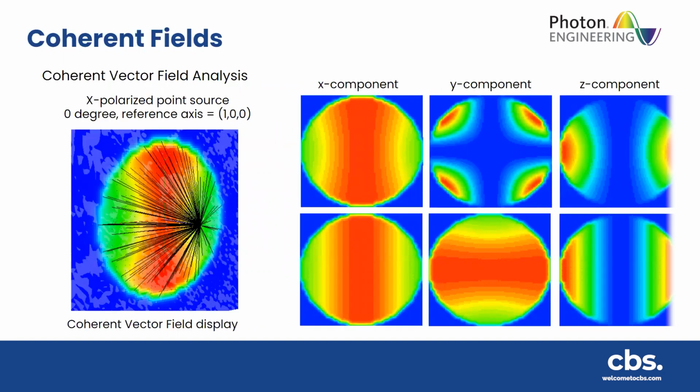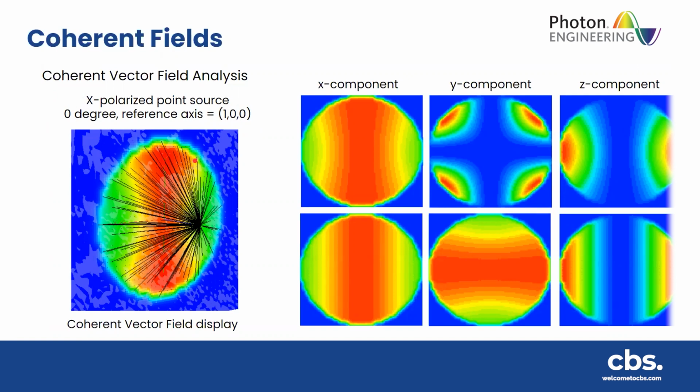So another thing that FRED can do, which is really quite valuable, is if this is a coherent beam, a coherent source, and in this case here we have a coherent point source, with a very high divergence angle hitting a screen close by. In this case, this is an E field vector at 0 degrees relative to the x-axis, so essentially EY polarized.